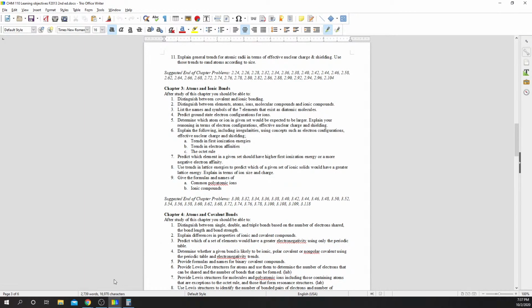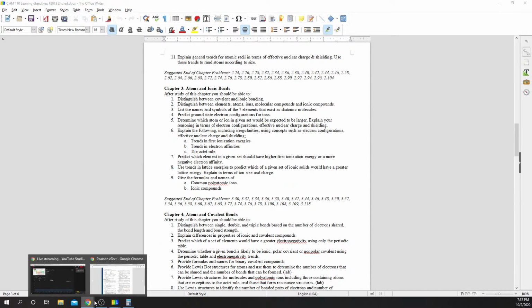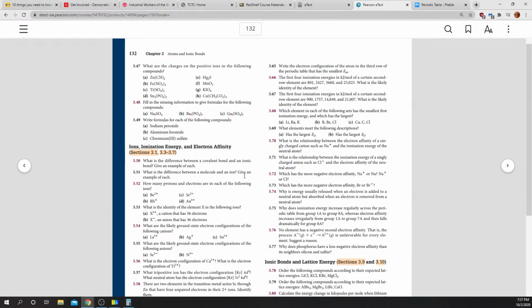72. Which has the more negative electron affinity, sodium or sodium? Okay, the sodium 1 plus or neutral sodium. Electron affinity is the amount of energy you will get back if you add an electron. That's going to be sodium 1 plus.